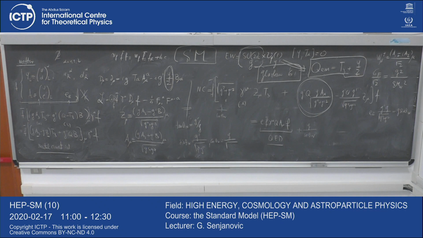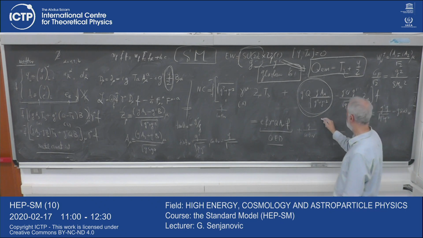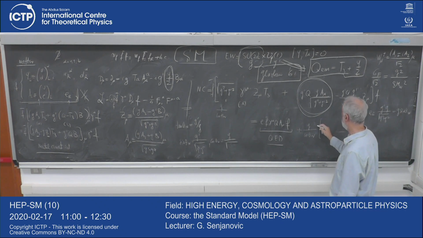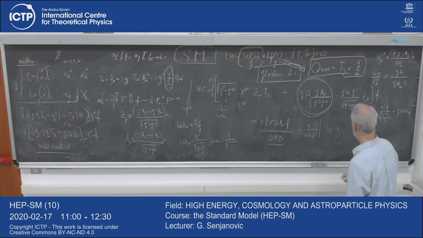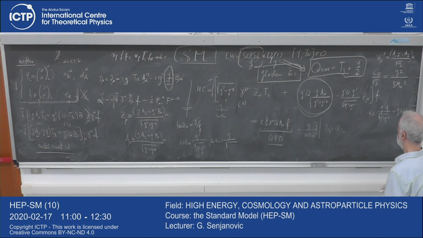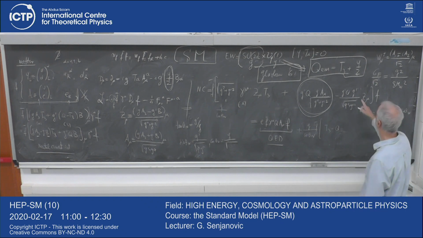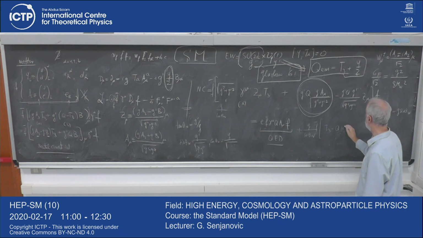I'll take it out, and then I get F bar, and then I get T3 minus, there will be Q, and the Q goes with G prime squared, so we will get sine squared theta W. Do you see this?